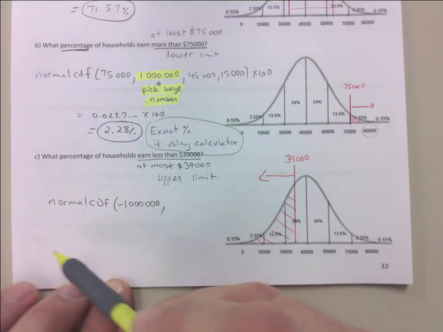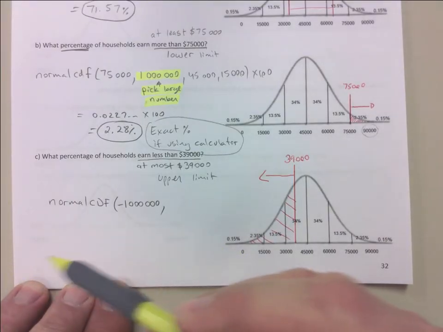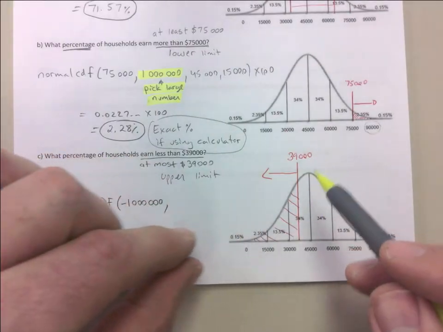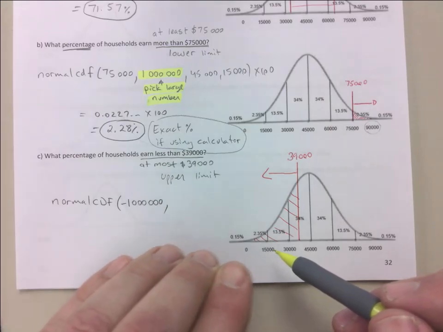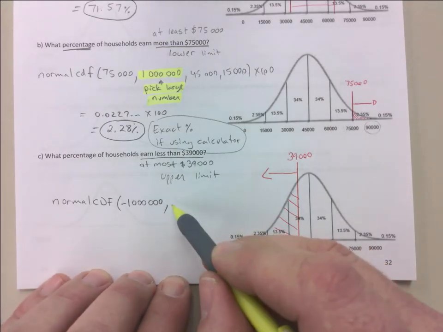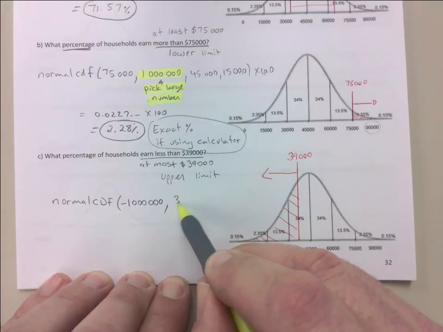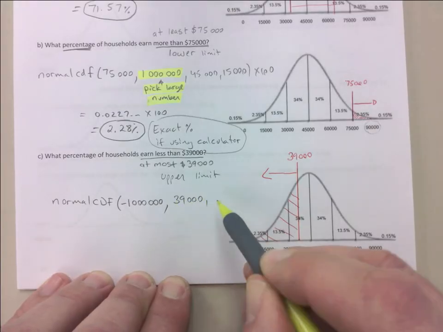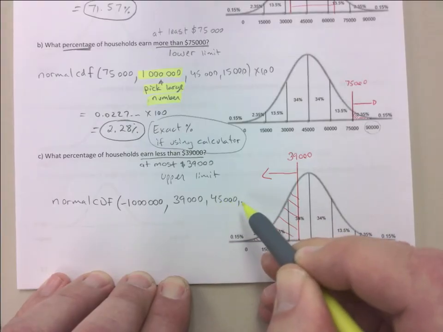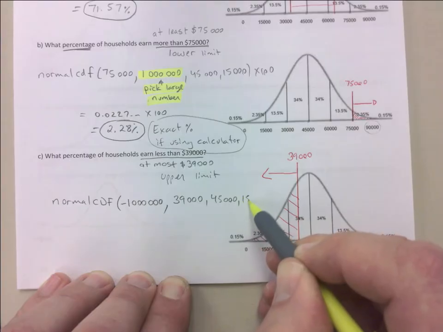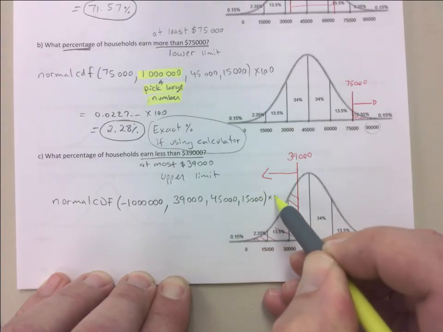Like negative 1 million is like so far off this page, it's like super, super low. But then you're making sure that this tail, as far as it goes, you're making sure you account for everything. And then this upper is 39,000, followed by mean and standard deviation. And you go times 100.